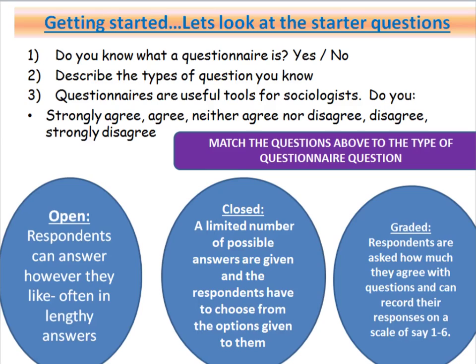So in a graded question, respondents are asked how much they agree with a particular statement. So question number 3, questionnaires are useful tools for sociologists. Do you strongly agree, neither agree nor disagree, etc. That's an example of what we call a graded question.